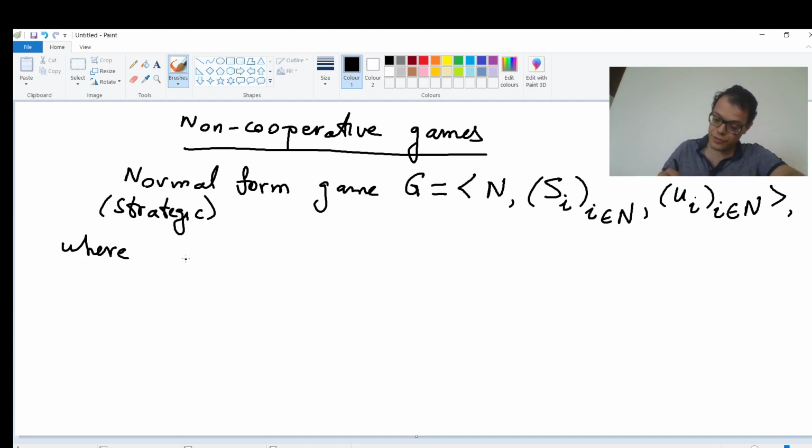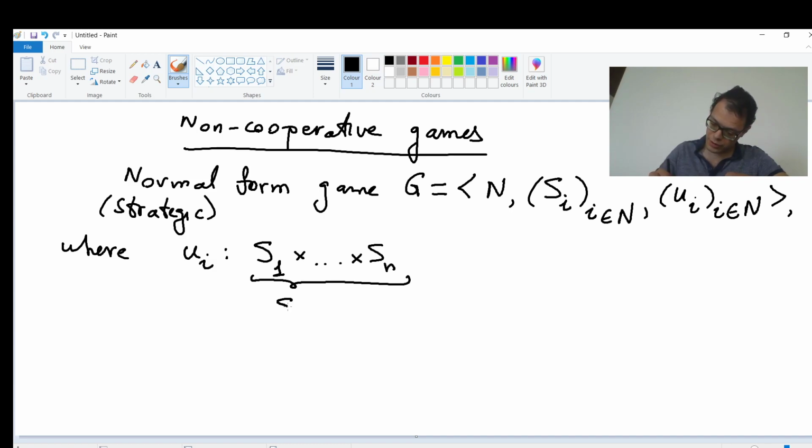Where the utility function of a player is a function from the Cartesian product of all the strategy sets. So it takes a strategy profile, and we often call this Cartesian product simply by capital S, and this function goes to reals.